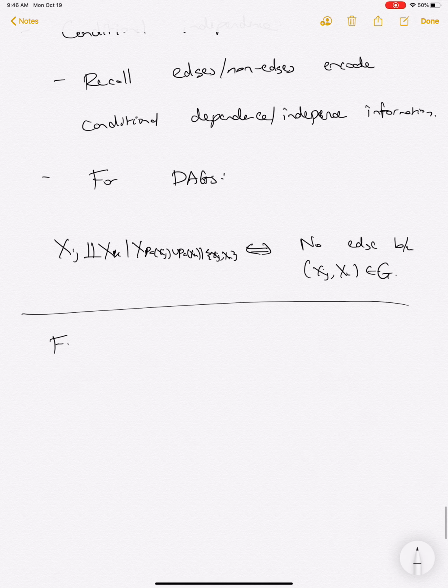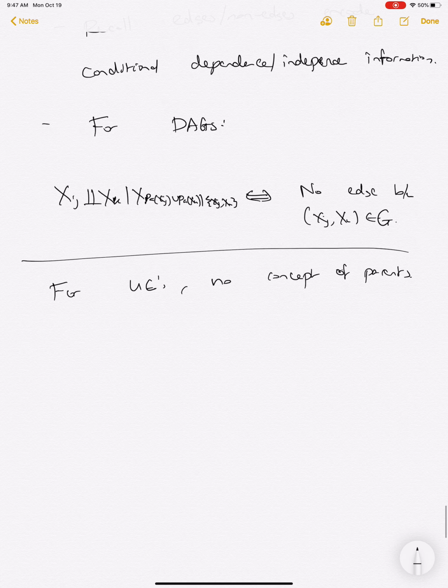So for undirected graphs, there's no concept of parents because the edges are undirected. But what's an analogous concept? It's not exactly the same, but an analogous concept is neighbors.